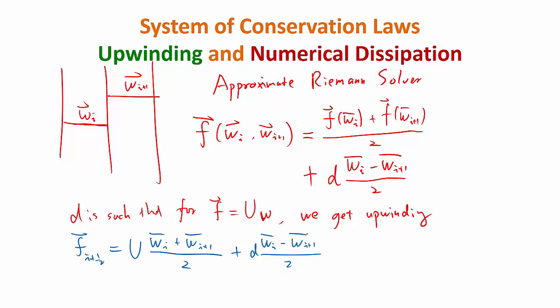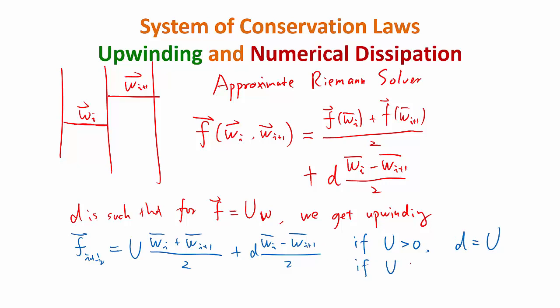So let's say U is positive. Which direction is the upwinding direction? Left, and should I take Wi or Wi minus 1? I should take Wi, right? So if U is greater than 0, my F at i plus half should be equal to U times Wi. And what value of D do I need to make this work? Just U, exactly.